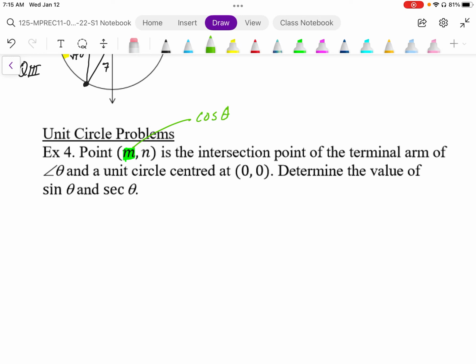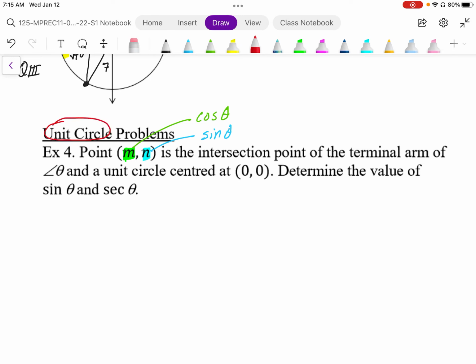And when I talk about the y position, really that is the sine ratio. So those are equivalent in a unit circle, okay? And again, that's for a unit circle.